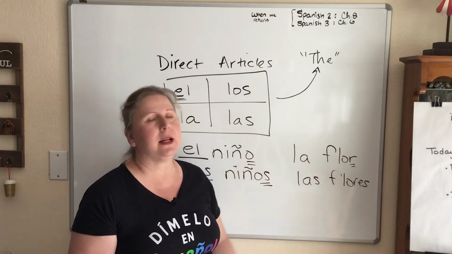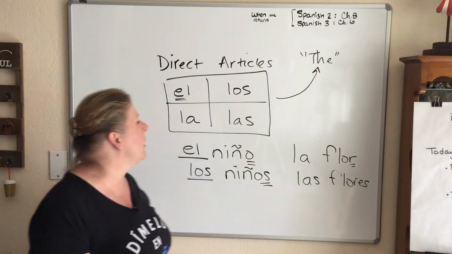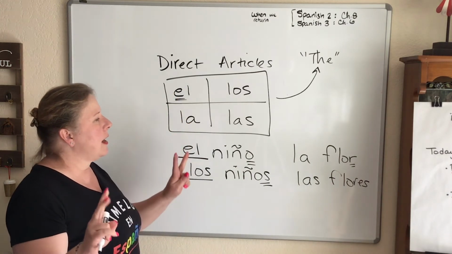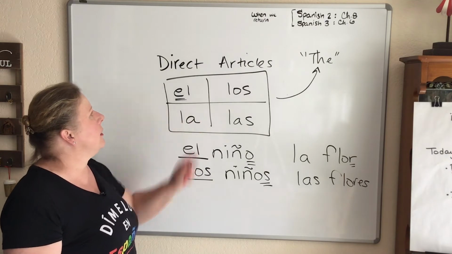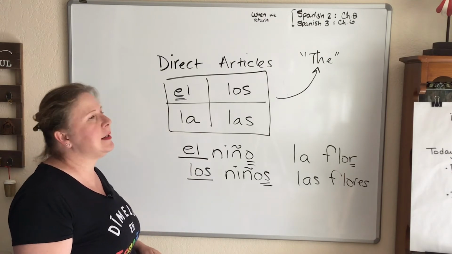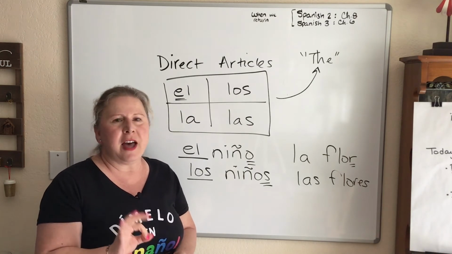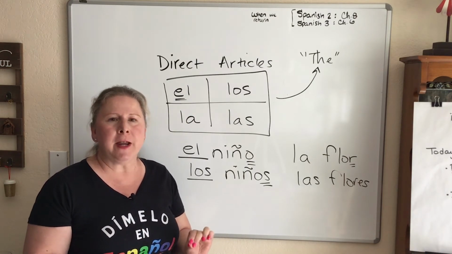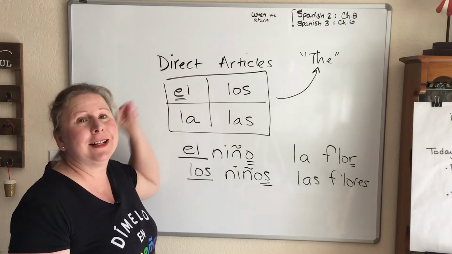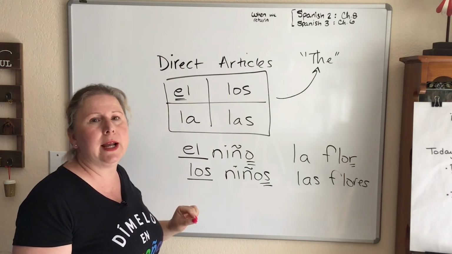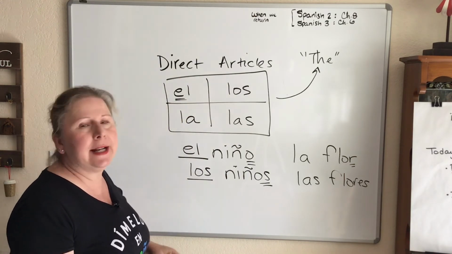Very, very important, all right? So again, this is saying "the" in Spanish. So this is, I go to the library and I want the science book. I'm very specific, therefore direct. I know exactly what I want and I'm calling it out.